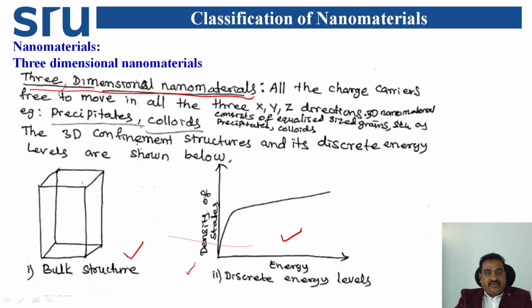All the charge carriers free to move in the three dimensions X, Y, Z. Example, precipitates, colloids. The three dimensional structure as shown here and discrete energy levels also we are showing here.